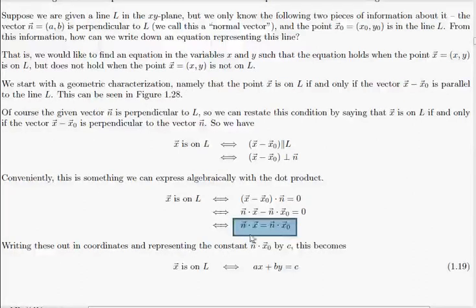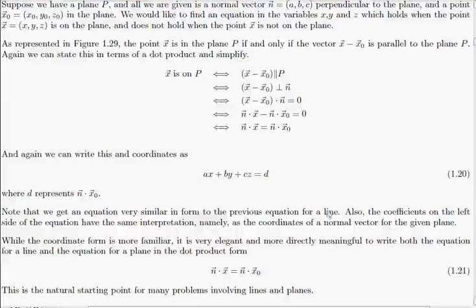But the critical difference is that these are two-dimensional vectors, and these here are three-dimensional vectors. So even though it notationally looks the same, it's technically a different equation because the vectors are of different dimensions. The problem is living in a different world.